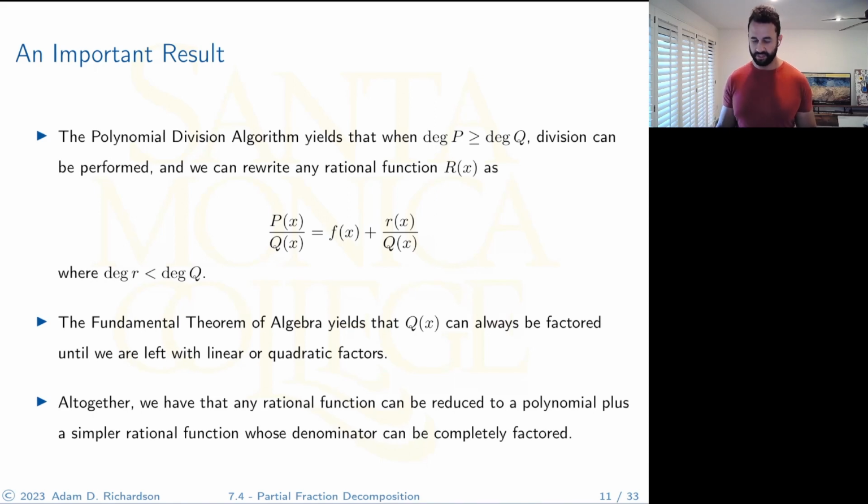That's kind of the result. So if you've got a rational function, you can perform division and pull out that polynomial, and then you'll have another rational function, and the denominator will also be factorable. So that's the structure that we're looking for.